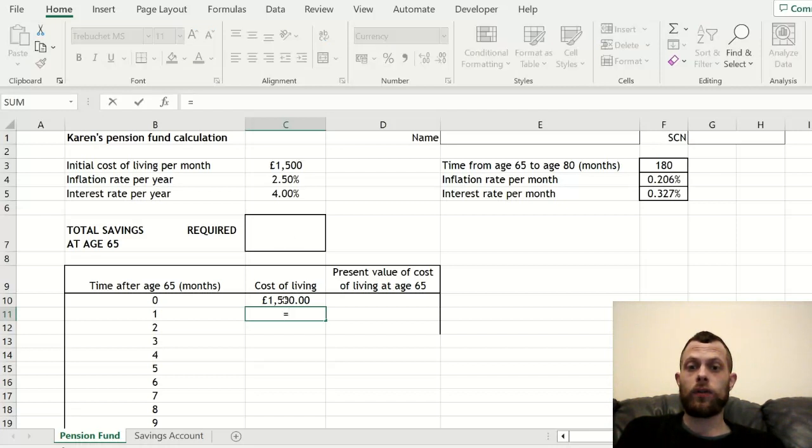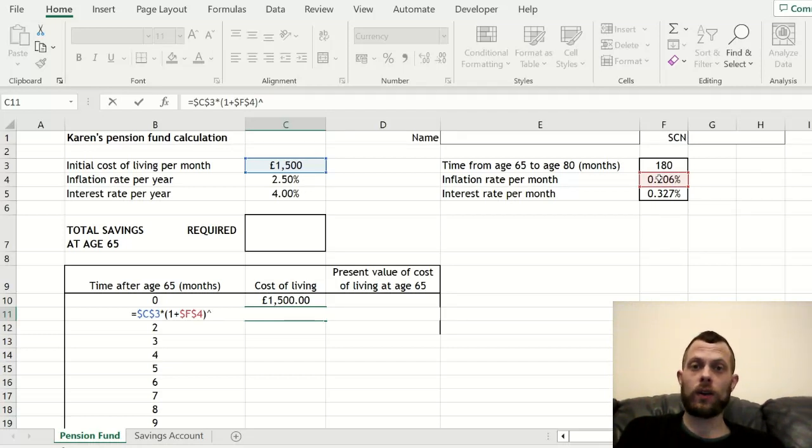So we want to put a formula to multiply this by the inflation rate per month that we worked out, and we can just reference the cell above and use a power formula. So we'll multiply by this multiplier 1.00206 and put it to the power of the number of months.